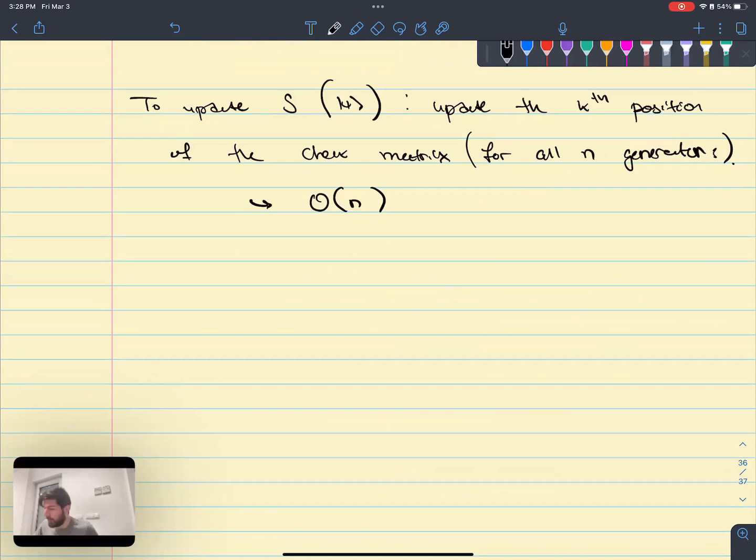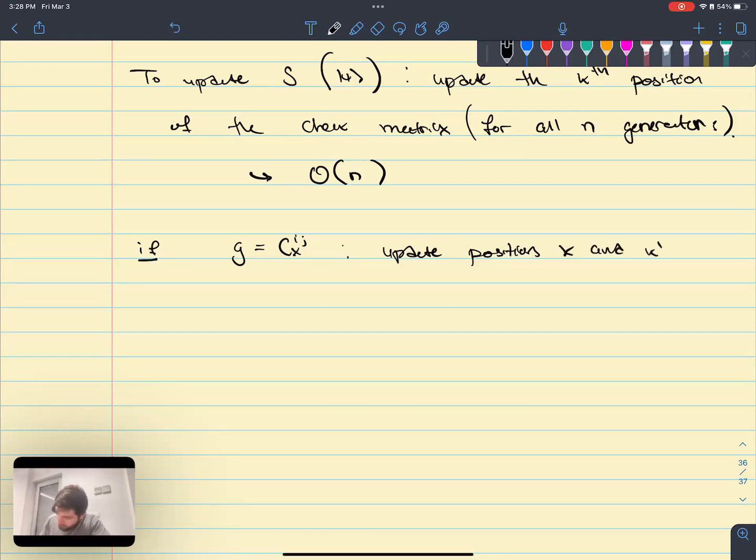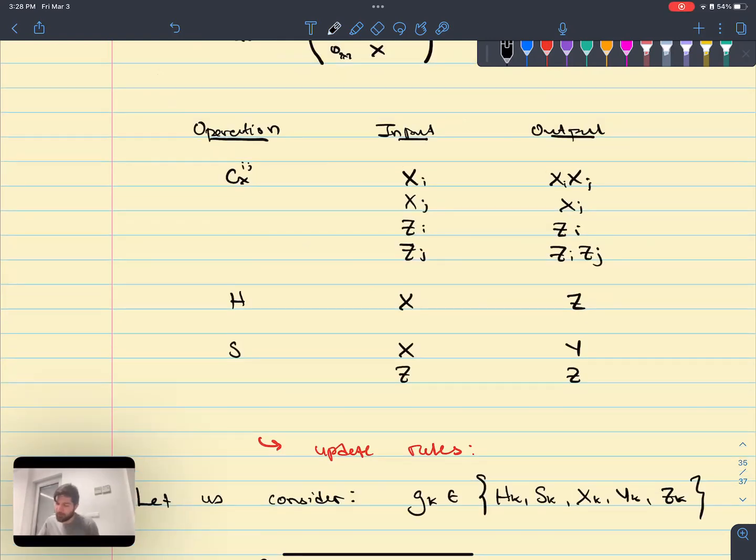If I have an entangling gate, if G is equal to Cx K K prime instead, then I have to update positions K and K prime, because the controlled NOT gate by these update rules only changes the control and target qubits.